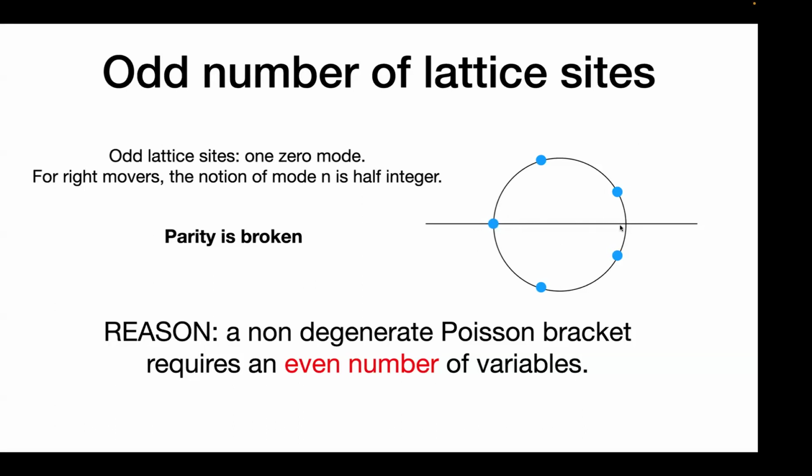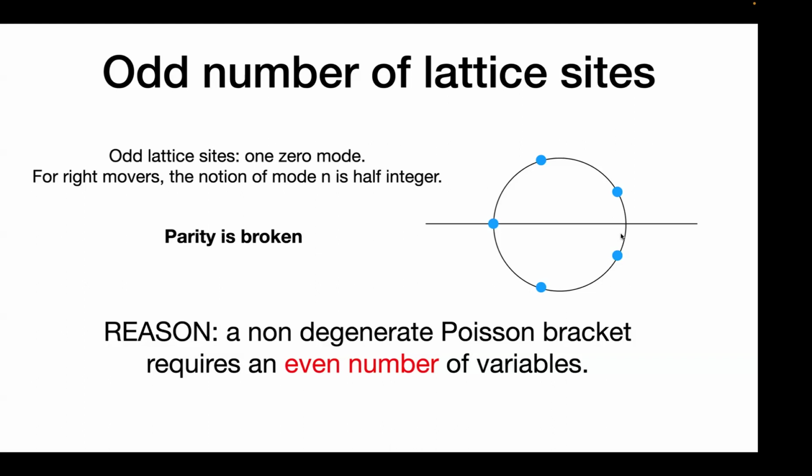On the right-hand side, the differences between them are integers, but they are at half-integer values. So for right movers, the notion of mode n is a half integer. There's no relation between the left mover and right mover mode structure, so parity is broken in that the left movers and right movers are not talking to each other.